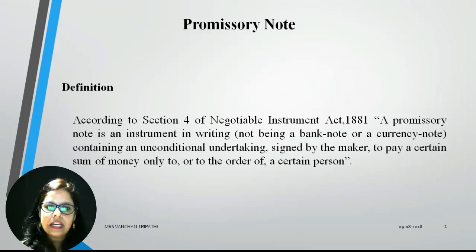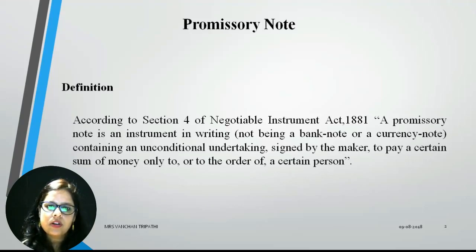So basically it is a written document with an unconditional undertaking signed by the maker to pay a certain sum of money to, or to the order of, a certain person. So this is the promissory note.